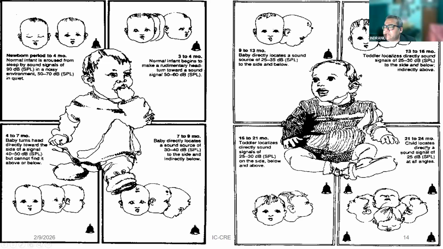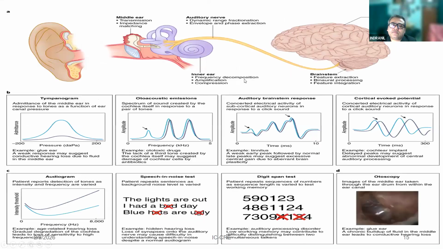And around 2 years, within normal hearing sensitivity of 0 to 25 dB SPL, they can listen to the name call, the sentences, the mother's voice, everything, and they can start speaking simple sentences. So this is the anatomical constraints I have already given you, and as audiologists we use a lot of tests to check the external ear functions, middle ear functions, inner ear functions, even brain functions, using tympanogram, where we can analyze the middle ear pressure, gradient, compliance, and the ear canal volume.